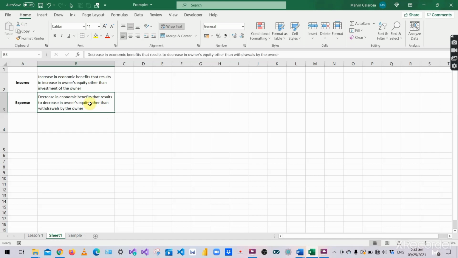So, expense. Decrease sa economic benefits na magre-resulta sa decrease ng owner's equity maliban sa withdrawals ng owner.